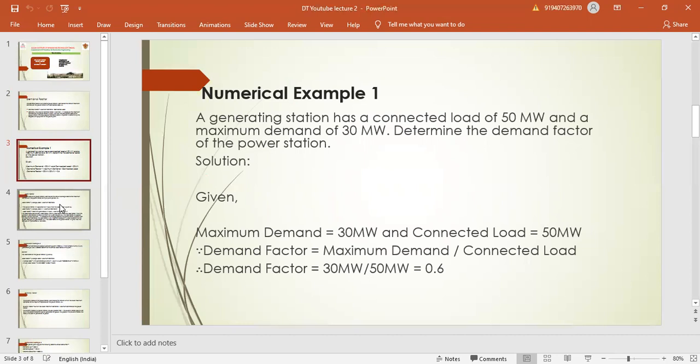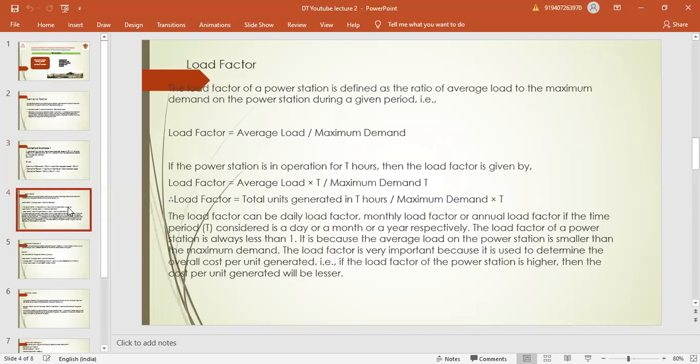Now we'll move to next topic. What is load factor? Load factor of a power station is defined as the ratio of average load to the maximum demand on the power station during a given period. That means load factor equals average load divided by maximum demand.